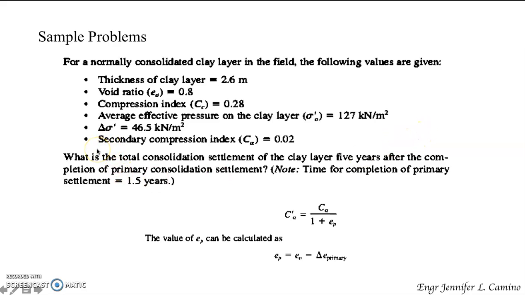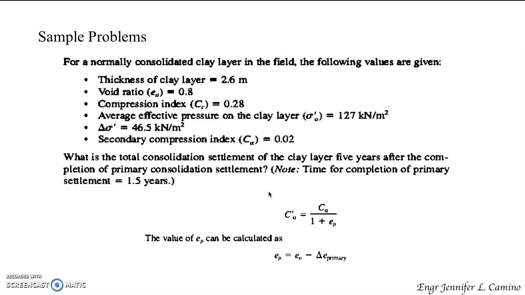Delta sigma prime is equal to 46.5 kilonewton per meter squared, and the secondary compression index, C sub alpha, is 0.02. You are going to compute the total consolidation settlement of the clay layer 5 years after the completion of the primary consolidation settlement. Take note that the time for completion of primary settlement is 1.5 years.